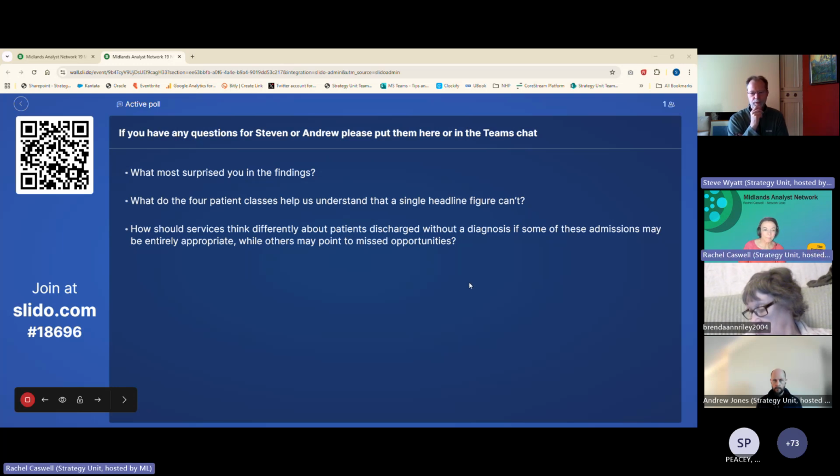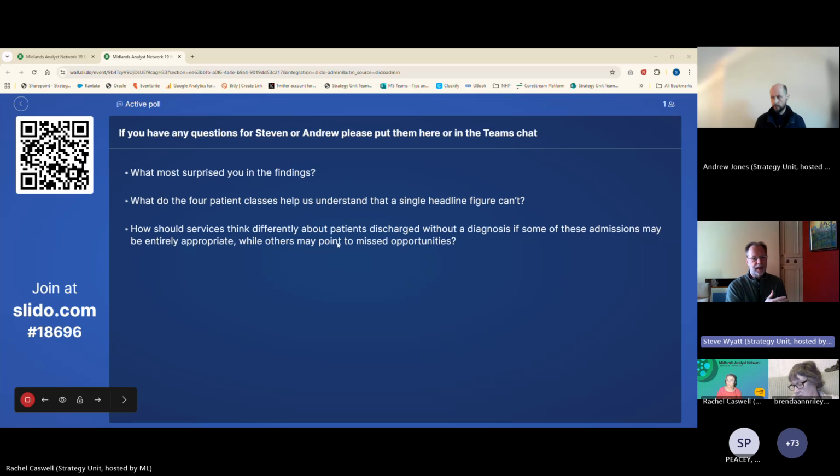Absolutely. So Jacqueline asked whether people are added to the waiting list shortly after a discharge without specific diagnosis. What Andrew did in his analysis is he looked for people who had a first outpatient appointment in a relevant specialty within a certain period. I can't remember exactly what the period was, or what the results are, but they're in the long read.